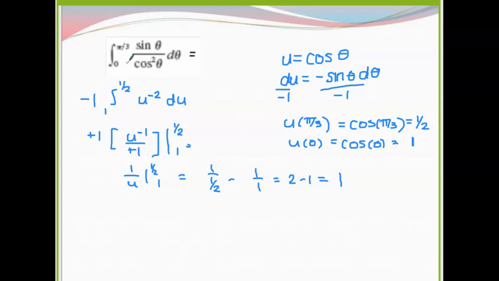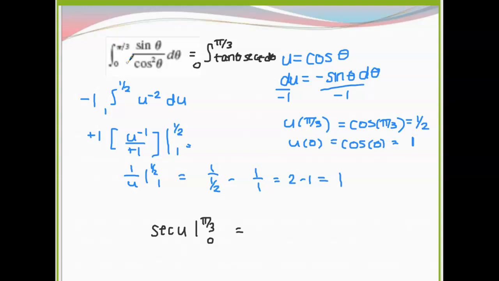So this is actually the integral from 0 to pi thirds of tan theta secant theta d theta, which is one of our trig rules. So if you brought that down and integrated it, then that became secant u from 0 to pi thirds.